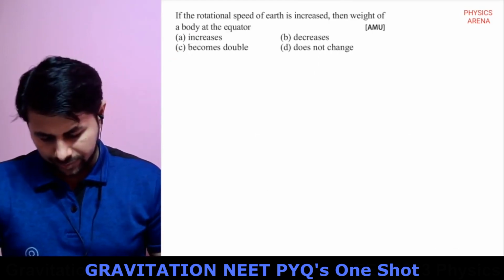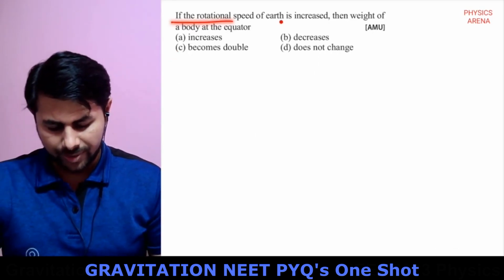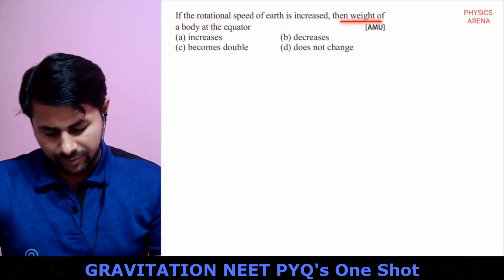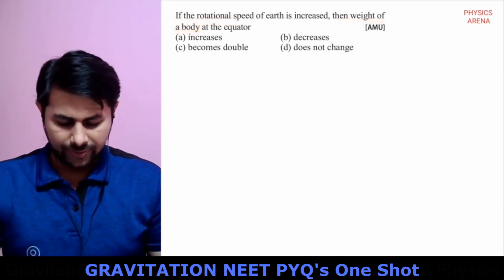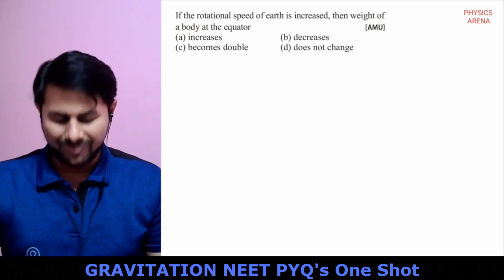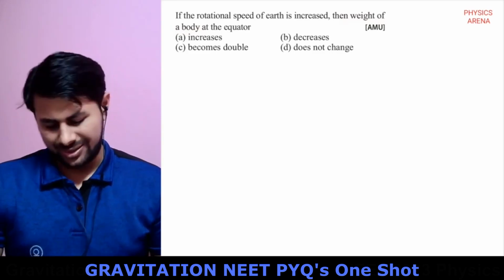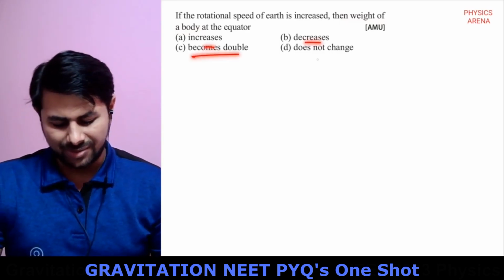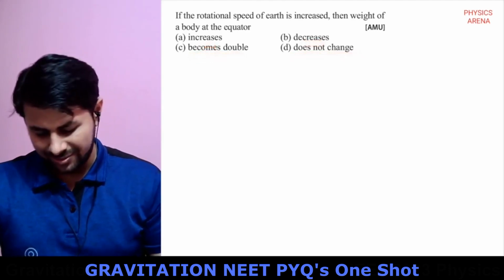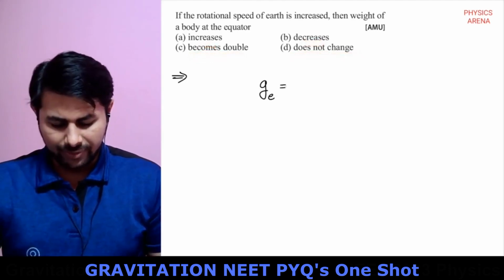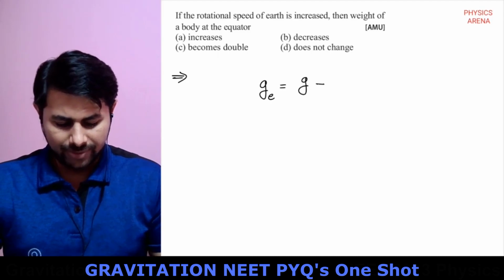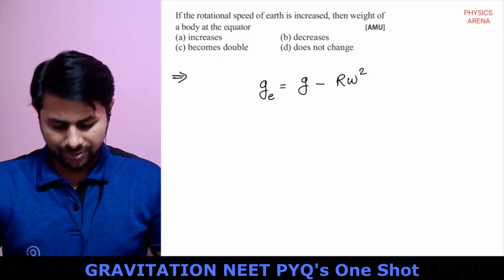Next question. If the rotational speed of Earth is increased, then what will happen to the weight of a body at the equator? It will increase, decrease, become double, or not change. Tell me, g at equator is equal to what? G minus r omega square.